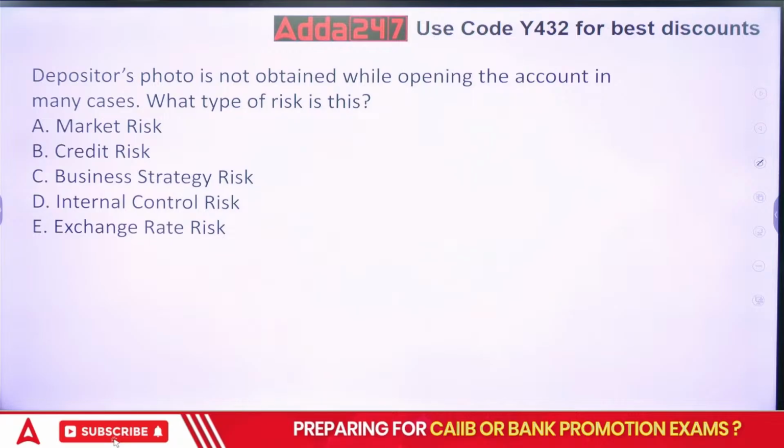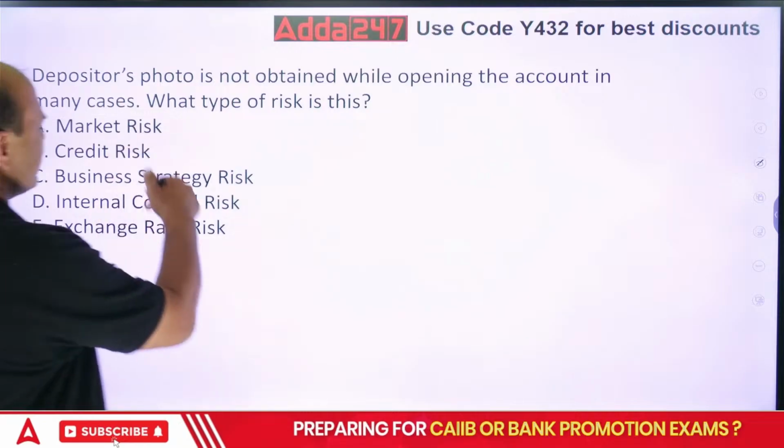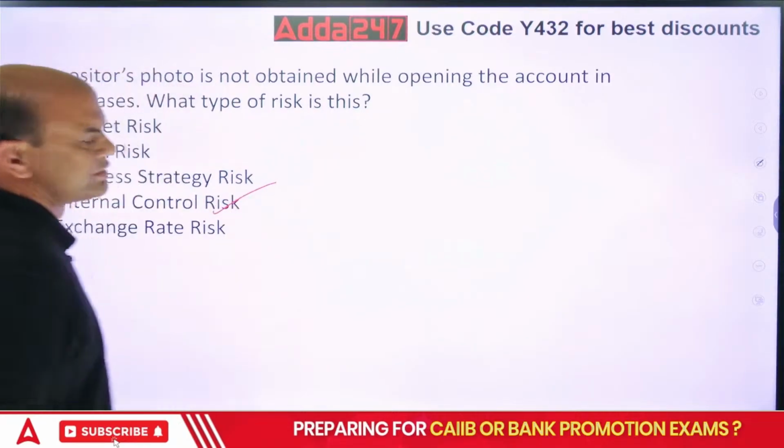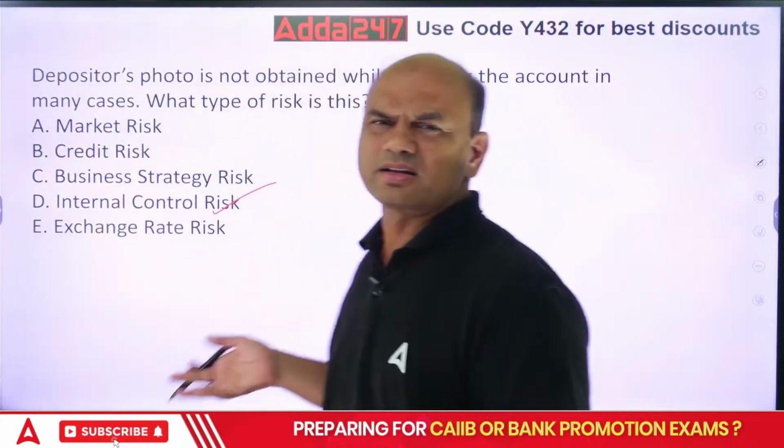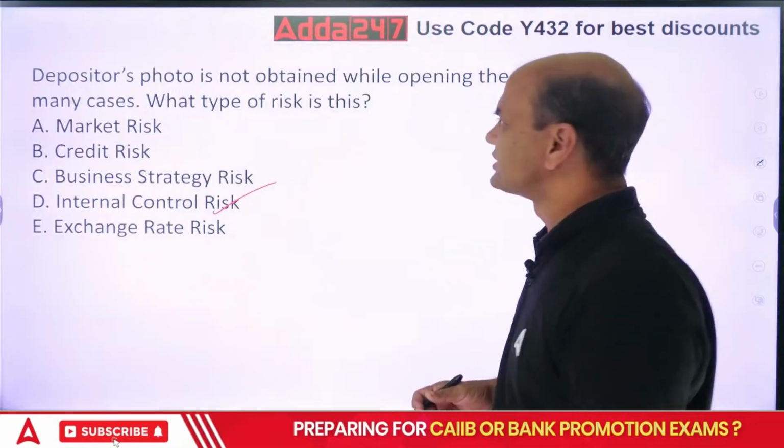So depositor's photo is not taken. It's an internal control based risk, isn't it? Because the remaining are all related to finance. This is basically compliance and basic internal control. You are not following the systems.